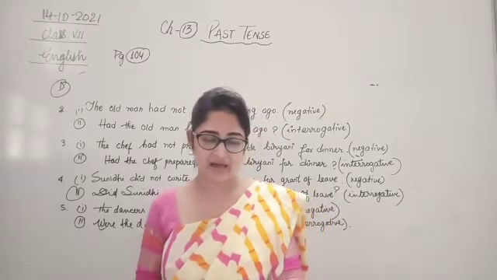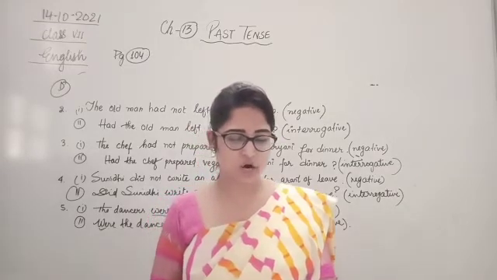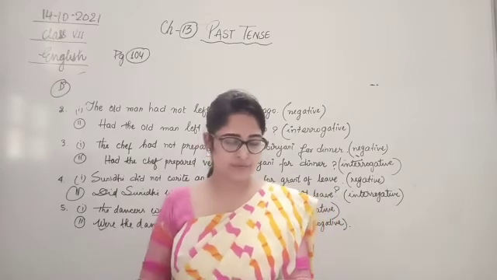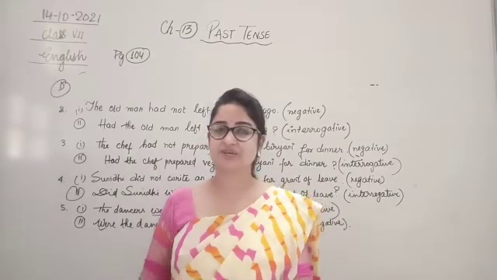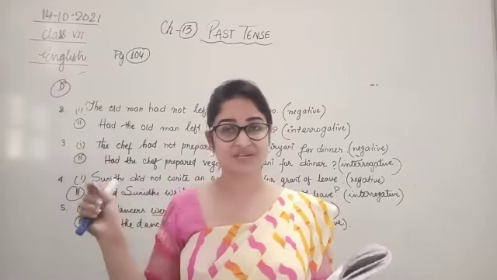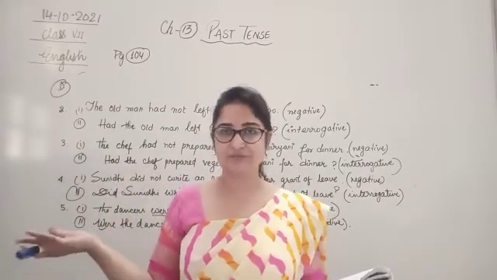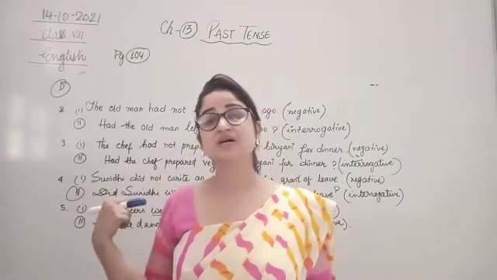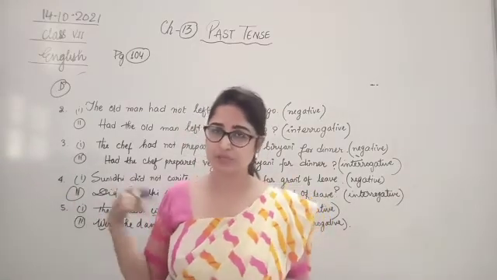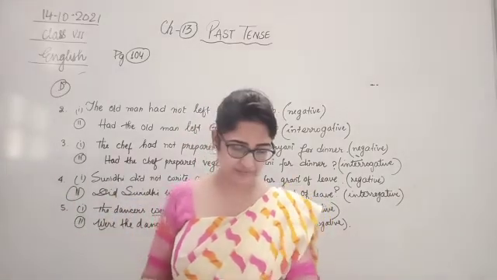Like, I have seen her. I saw her yesterday. That is simple past. We should never write, I have seen her yesterday. It's wrong. You have to write, I had seen her yesterday if you want to. You can use the past perfect, but you cannot use the present perfect there.